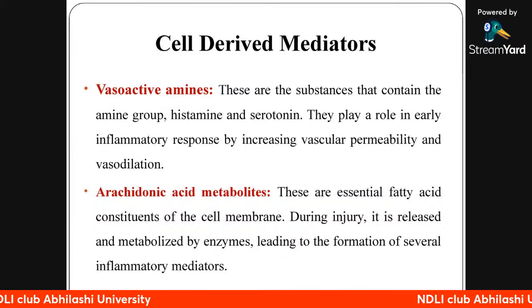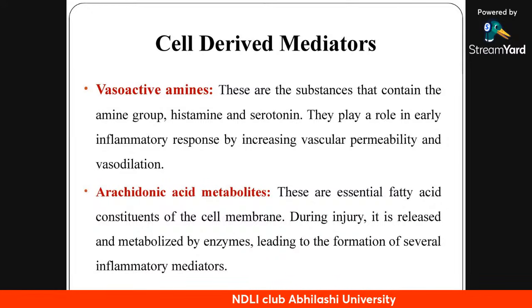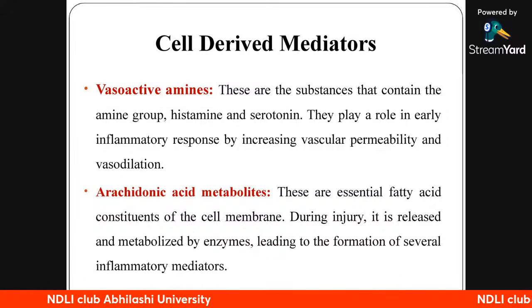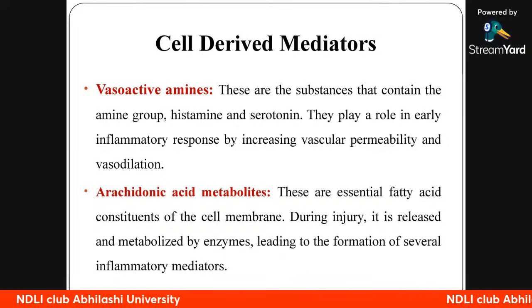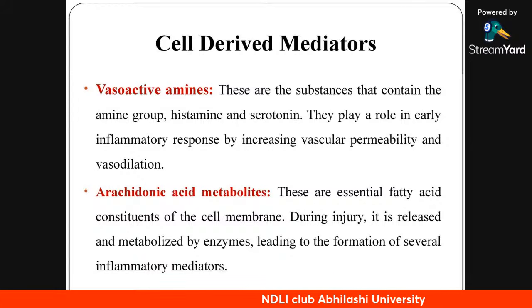Vasoactive amines. Two important vasoactive amines are histamine and serotonin. These play an important role in early inflammatory responses by increasing vascular permeability and vasodilation. Arachidonic acid metabolites. These are released from the cell membrane by phospholipases.